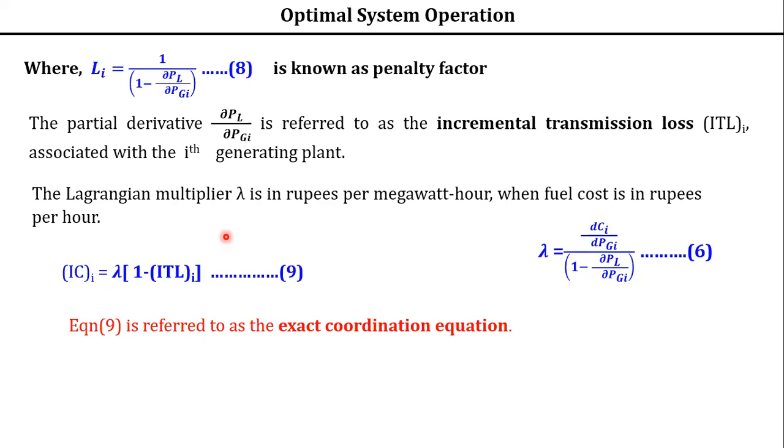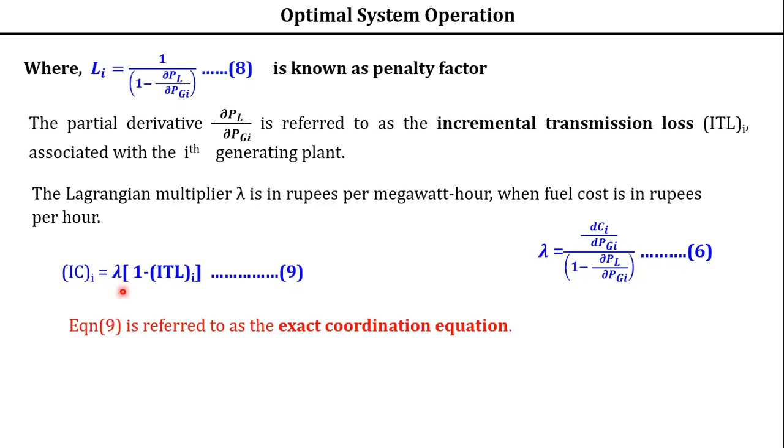Most students, whenever the question asks to obtain the exact coordination equation, will derive that equation. That is wrong. So read the question that they have asked. If they ask the exact coordination equation, then this is what you have to derive, equation 9.